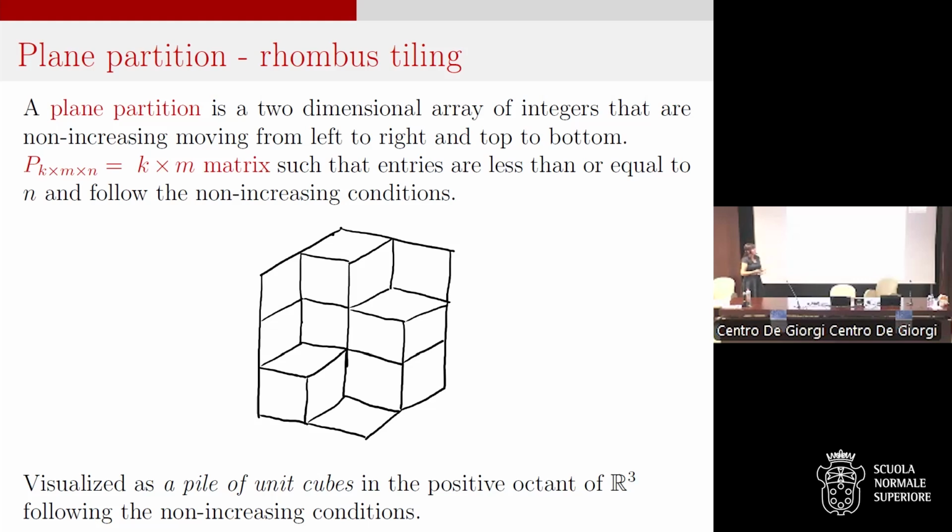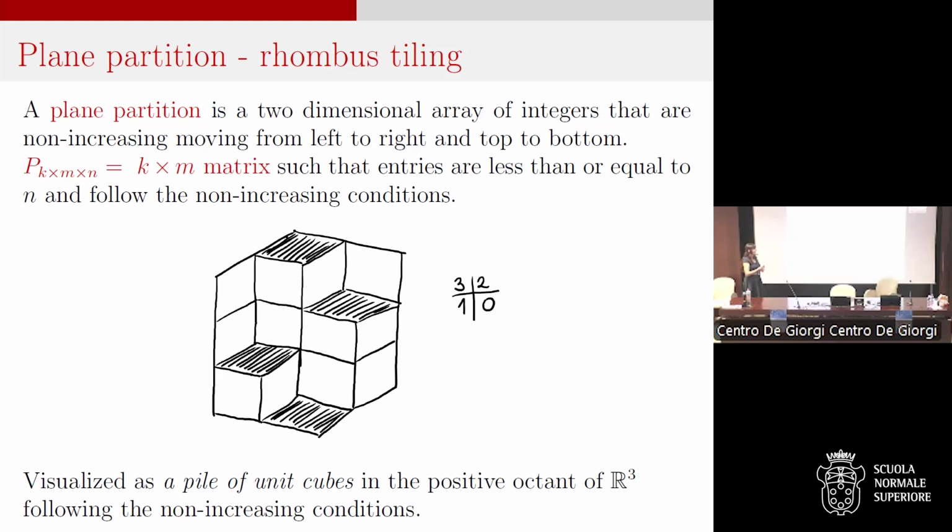But another way to look at it is to say, okay, what if this is in 3D? So if we look at this as piles of unit cubes, and now I put this black thing for tops, do you see now a three-dimensional object? I have one cube, I have some wall, okay? I have 0 cubes, I have 2 cubes, I have some wall, okay?